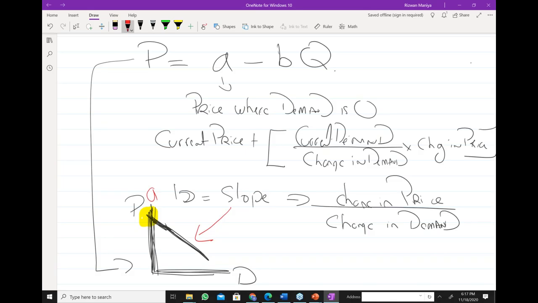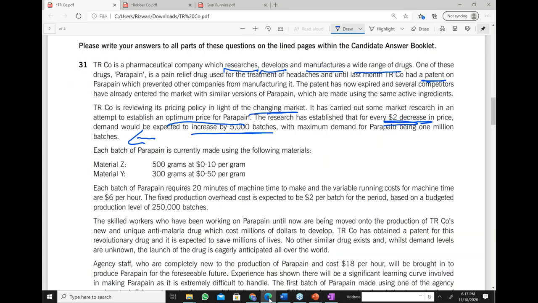Now, let's perform step number 1 from the question. What do we have to do? We have to form a demand function. For that, I need the value of A and B, right?